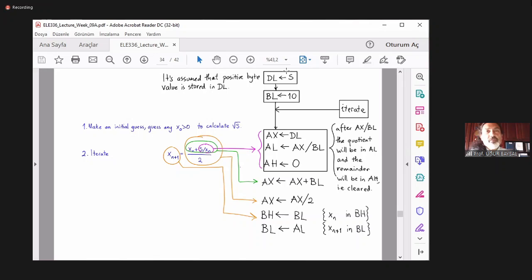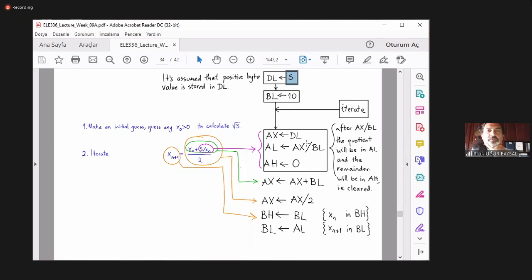Now, look at the flowchart of this example. There are some assignments. The given number is stored in DL, and the initial guess is stored in BL, and the iteration loop starts from here, continues, and then returns back. Okay, so that's a part of the flowchart actually.